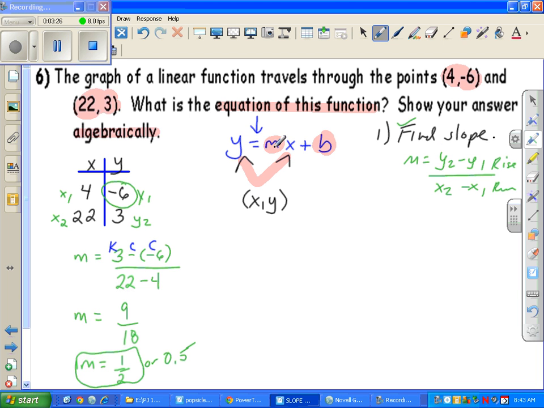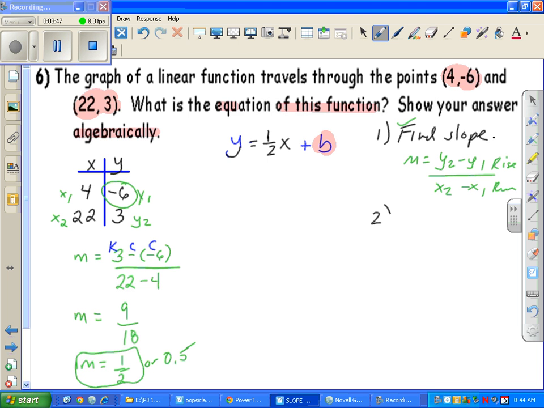We found the slope. We know the value of m in this equation is going to be 1/2. So I'm actually going to go ahead and replace it right now. So I know my equation is going to be y equals 1/2 x plus or minus some value, the y-intercept.